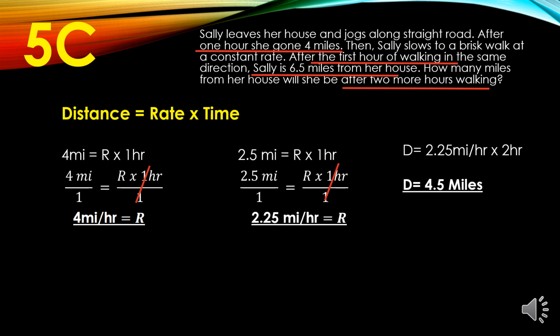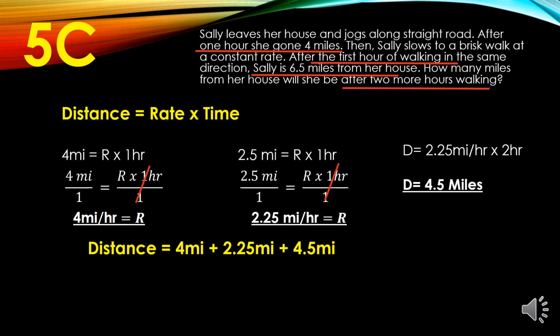The 4 miles represents the first hour of jogging. The 2.25 miles represents the 1 hour walk after the jog, and the 4.5 miles represents the additional 2 hours of walking.